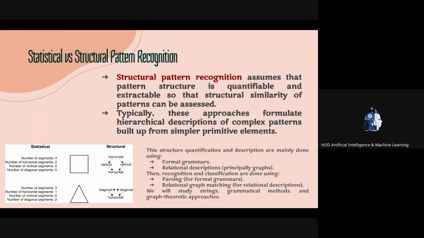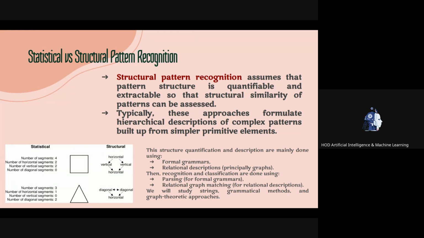So it is very hard for a system, or even a human being, to understand from these features that the given picture is a square. So that's a complicated thing in statistical pattern recognition.